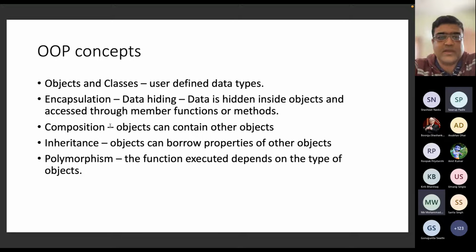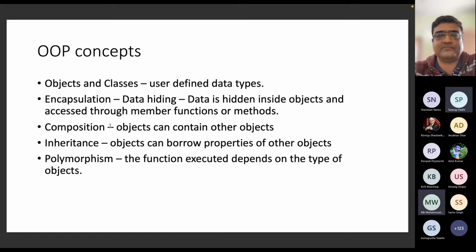Then another concept is encapsulation or data hiding, where the programming language provides support for the paradigm that data should be hidden inside objects and only accessed through member functions or methods.